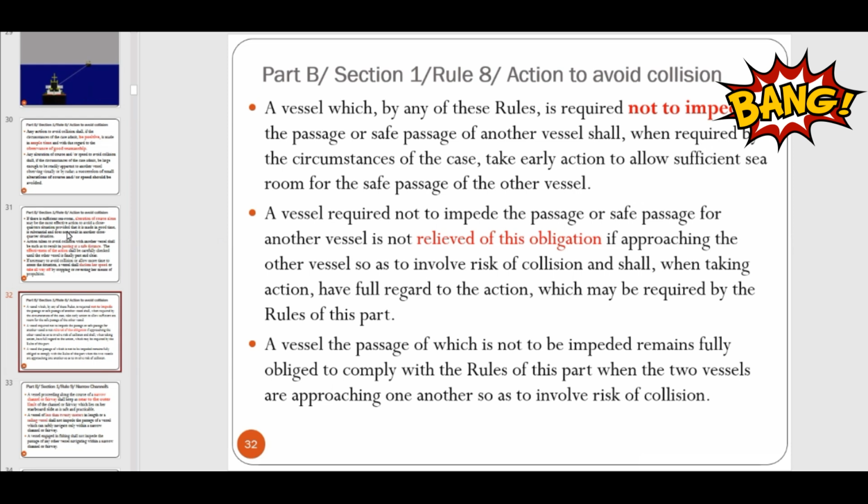Then the next paragraph: a vessel, the passage of which is not to be impeded, remains fully obliged to comply with the rules of the part when the two vessels are approaching one another so as to involve risk of collision. Here the same thing. The previous paragraph and this paragraph are alternately talking about both the vessels.